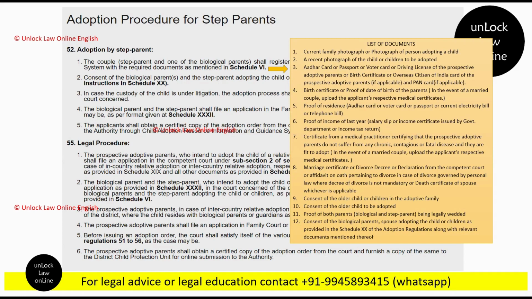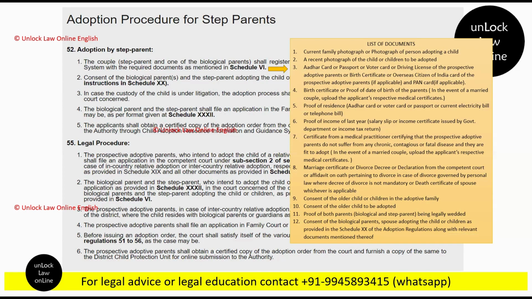There is a list of 12 documents that are to be produced to go ahead with the procedure. The first one is a current family photograph or photograph of a person adopting a child, a recent photograph of the child or children to be adopted, Aadhaar card or passport or voter ID or driving license of the prospective adoptive parents, or birth certificates or overseas citizenship of India card of the prospective adoptive parents, or PAN card if applicable, birth certificate or proof of date of birth of the parents.